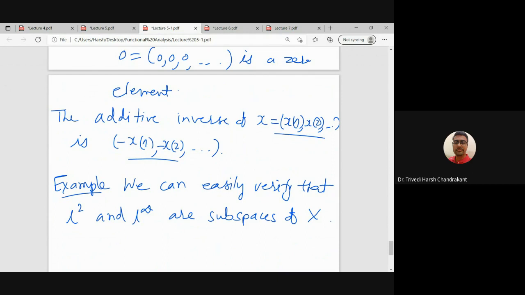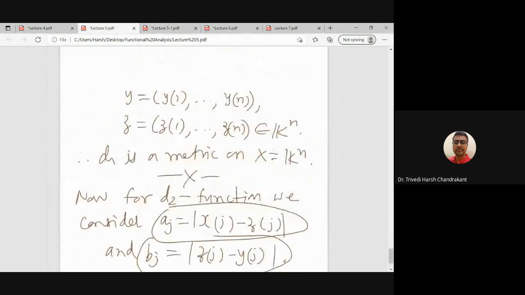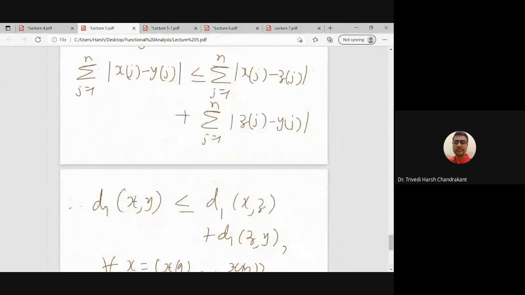Okay, so this is regarding the vector space. Now the next question is, can we define a metric over this vector space? In the previous lecture, we defined different metrics.